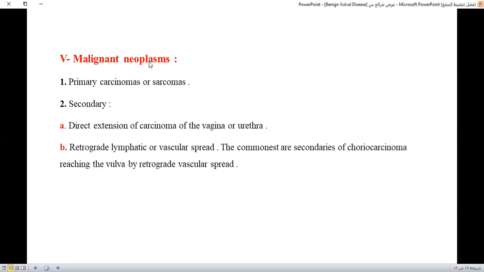Malignant neoplasm of the vulva أما تكون primary أو تكون secondary. The commonest are secondaries of choriocarcinoma reaching the vulva by retrograde vascular spread.